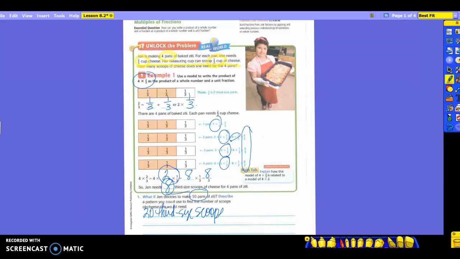Now it told us to describe the pattern that we used. What did we find? Well, it's doubling, yes. So you are doubling the amount of the pans. So the number of scoops is 2 times the number of pans.